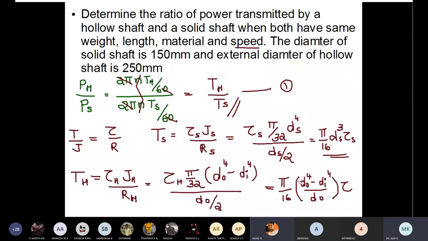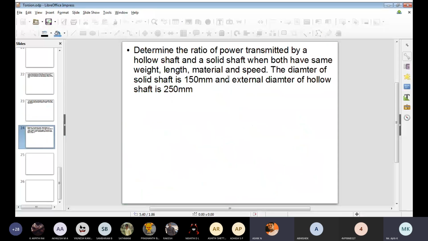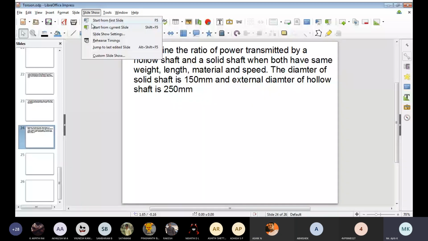Now substitute Ts and Th in equation number 1.